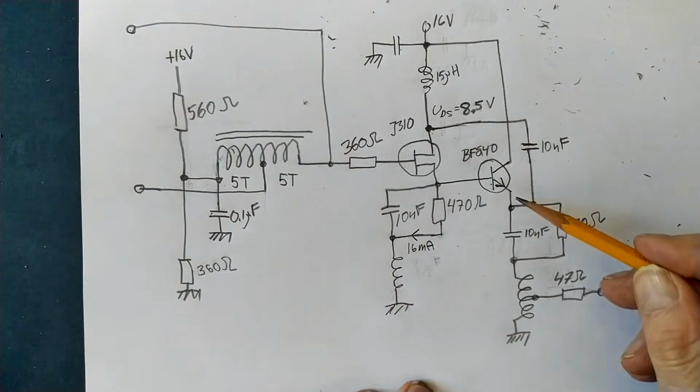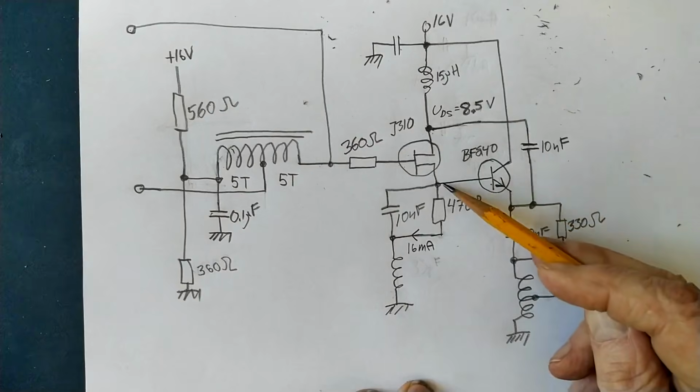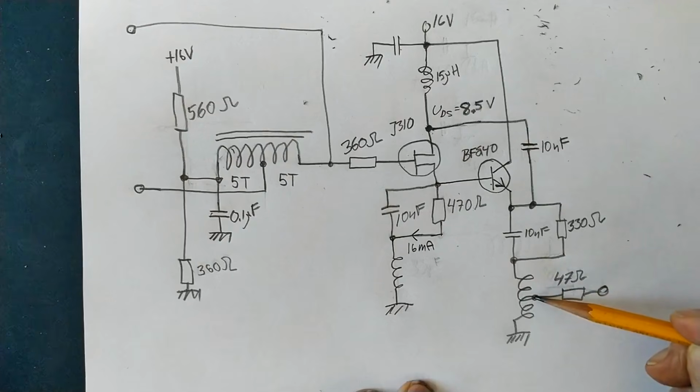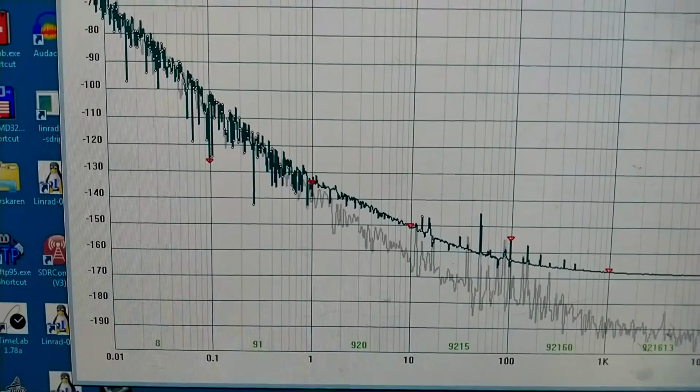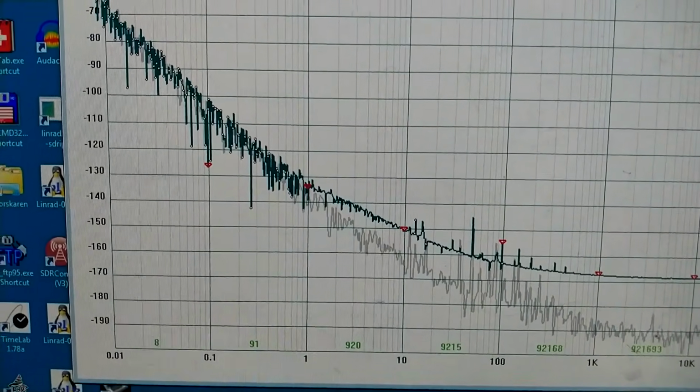And the output impedance from the bipolar is much lower than the output impedance from the FET. So I have a very low impedance on the transformer here, and I make it about 50 ohms with this series resistor. Here is the phase noise with the Bootstrap circuit in place.